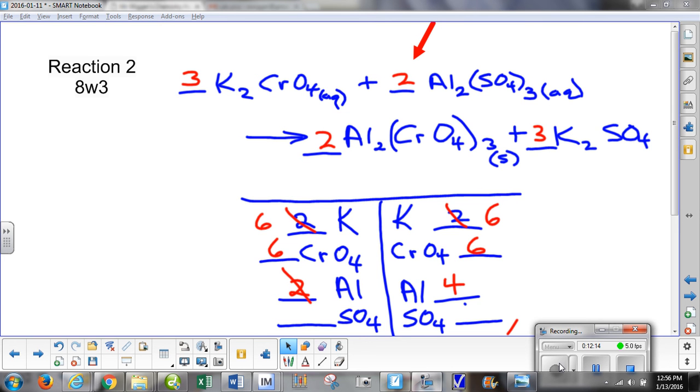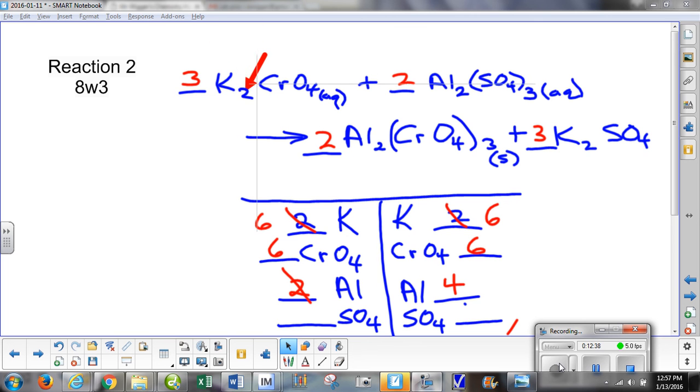I stopped the recording because I realized that I'm not going to get my sulfates to balance, and there was a reason for it. I missed on my coefficient here on the potassium sulfate. So when I changed this back to a 3, that gave me 3 times 2 is 6 potassium instead of 6 times 2, which is 12.